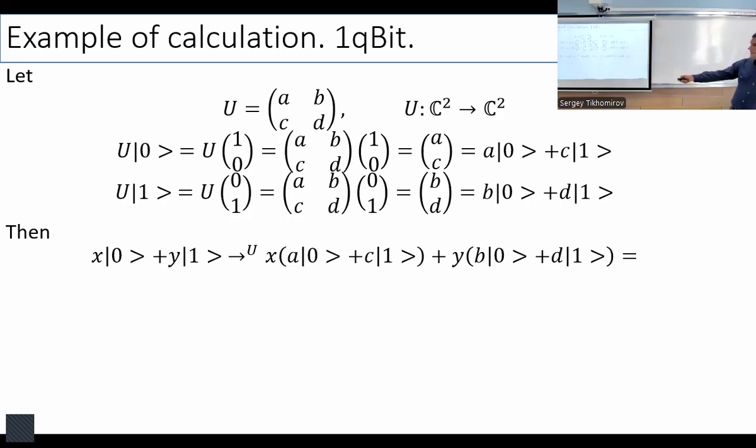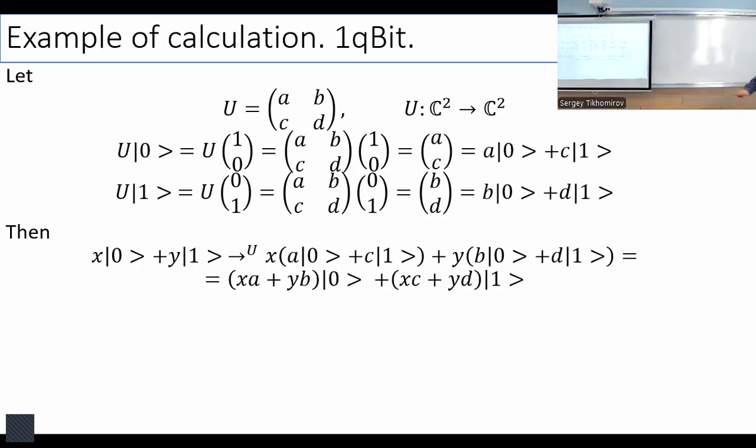Now let us see how it would act on a superposition of basis states. This is the notation which I use: I write the state and the operation U which I apply on top of it. I put coefficient x here, I write the image of 0 after this, and the same with y and the image of 1.